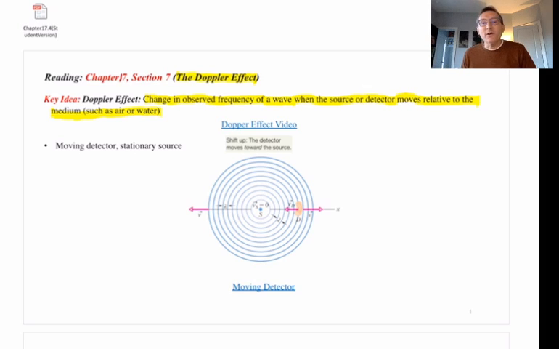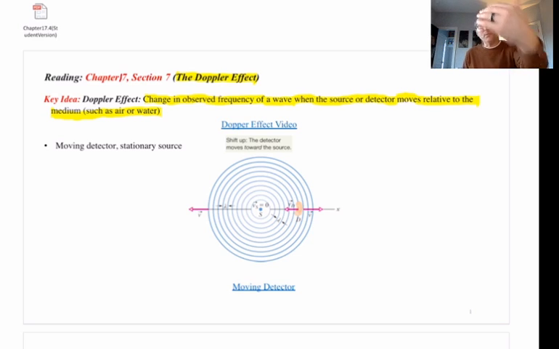The video is going to show a train approaching us as the observers with its horn sounding. And we, in the recording of the video, are standing on the ground beside the track, detecting the frequency of the sound wave.